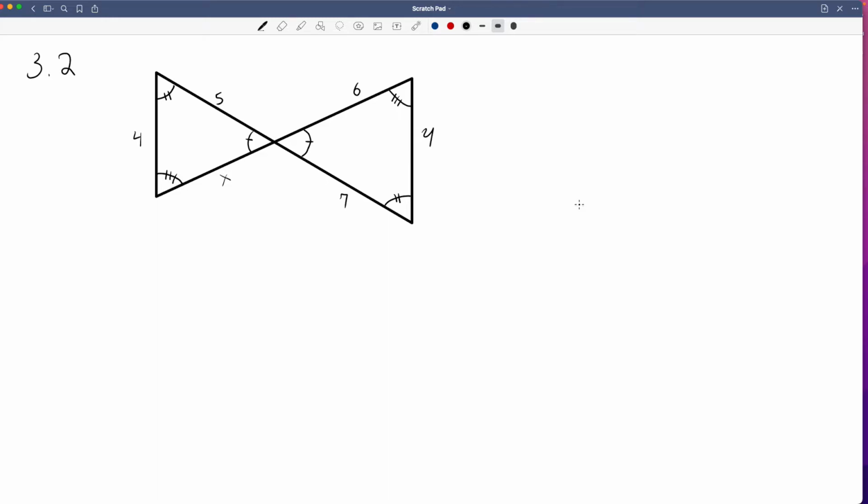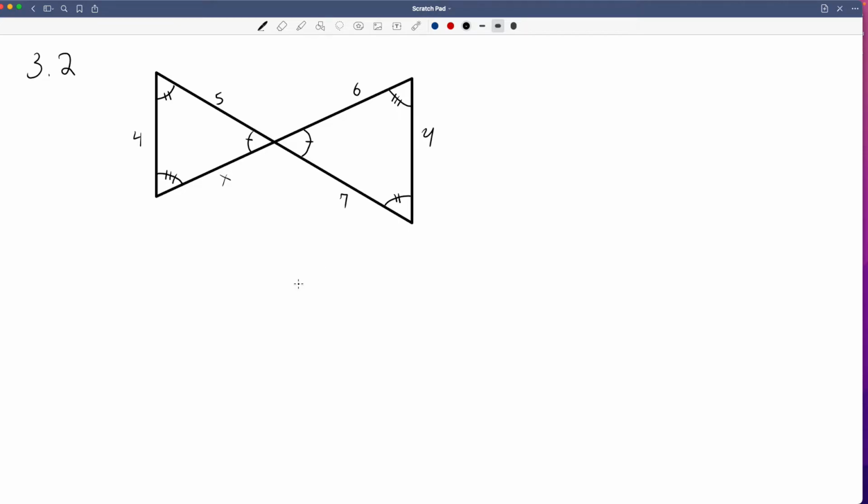And also, sometimes looking at the triangle itself will dictate which way is better for you to use. So with this one, it's not going to be so hard because we just have one unknown on each triangle. But in other problems where you have more than one unknown on each triangle, you might want to use one method or the other, depending on where those unknowns are located.